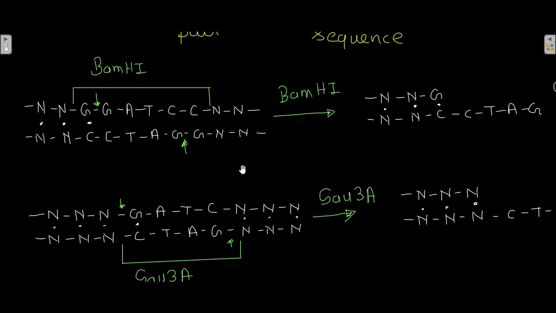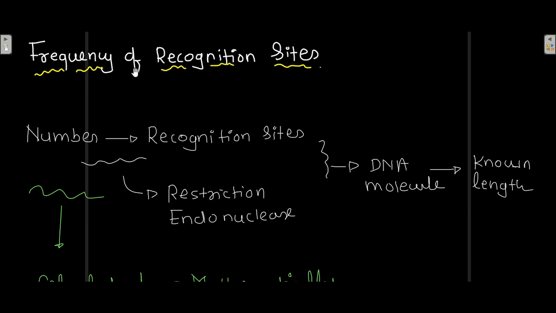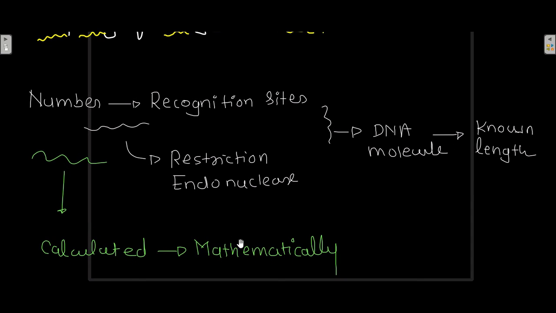Now let's talk about the frequency of recognition sites. The number of recognition sites of a particular restriction endonuclease in a DNA molecule of known length can be calculated mathematically. For a particular restriction endonuclease and a DNA molecule of known length, how many recognition sites are there?